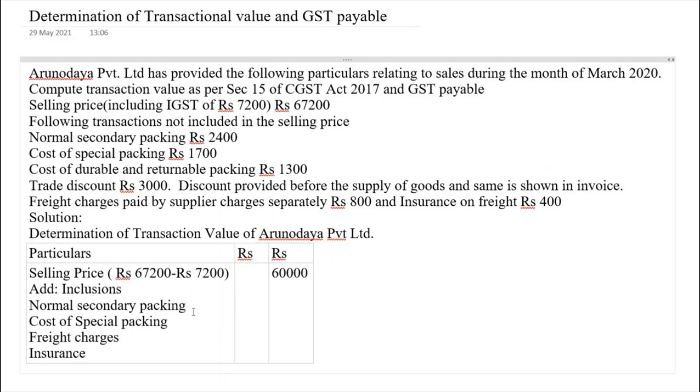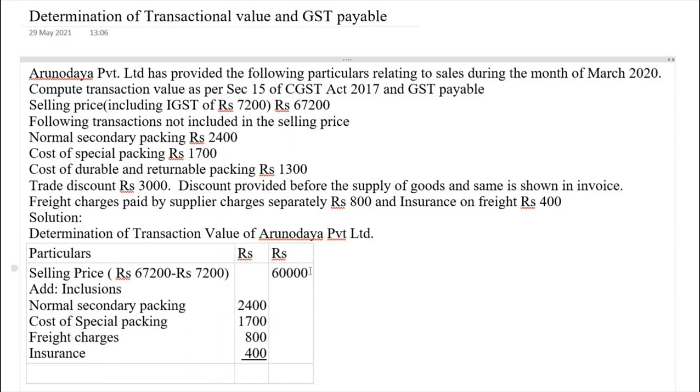So cost of normal secondary packing is 2,400 plus 1,700 plus 800 plus 400. So let me underline here. So the sum of this will be 2400 plus 1700, 4100.